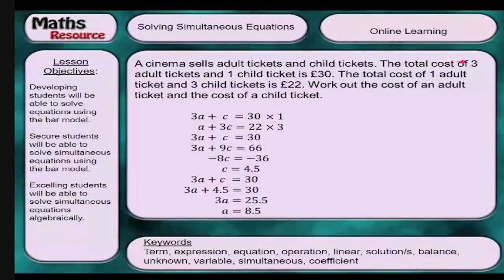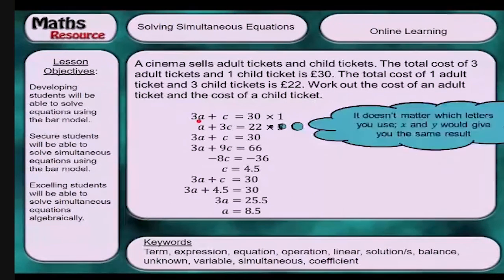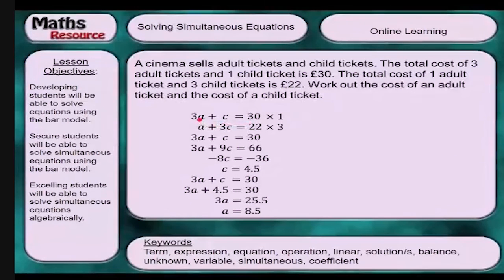So the total cost of 3 adult tickets, I'm going to call that 3A, and 1 child ticket, so add C. Remember, it's add 1C, but we never show the 1, so it's just add C is £30, so equals £30. So 3 adult tickets plus a child ticket equals 30.